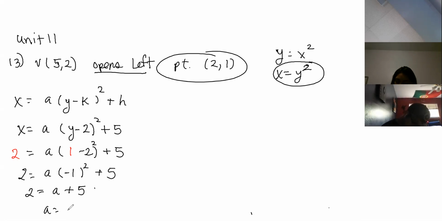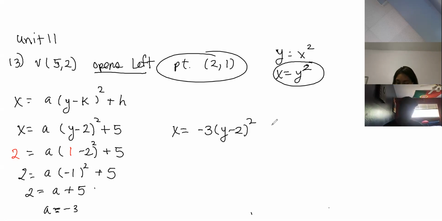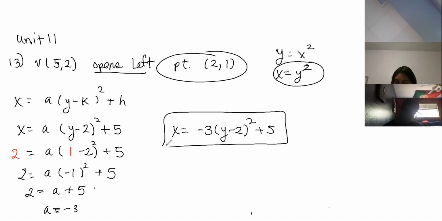Now, whenever you plug in a point, it'll automatically come out positive or negative the way it should. X equals -3. That makes sense because it's opening left. So I have x equals -3, y minus 2, quantity squared, plus 5. Make sense? Yeah.